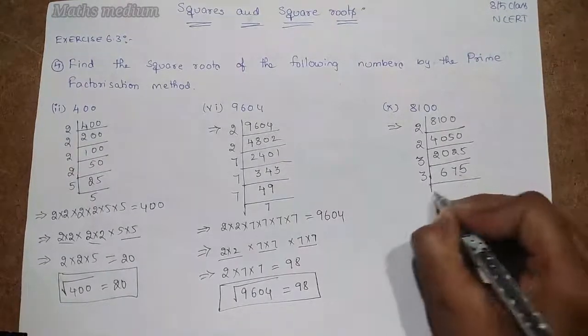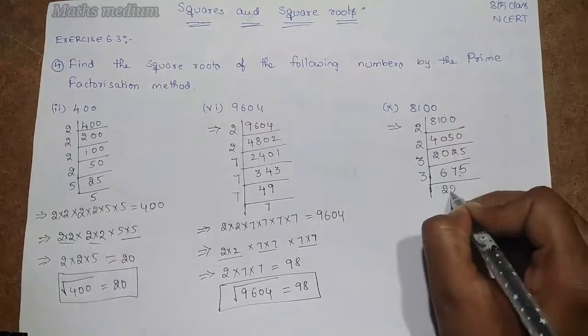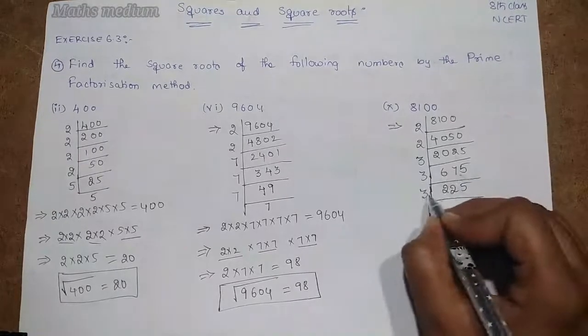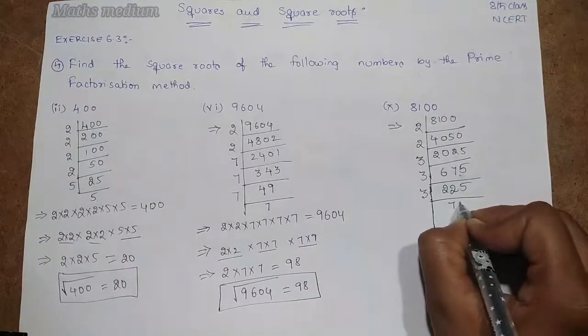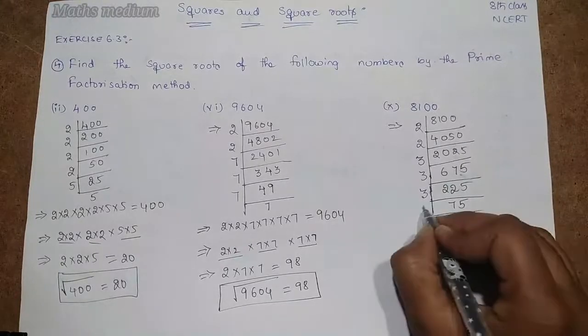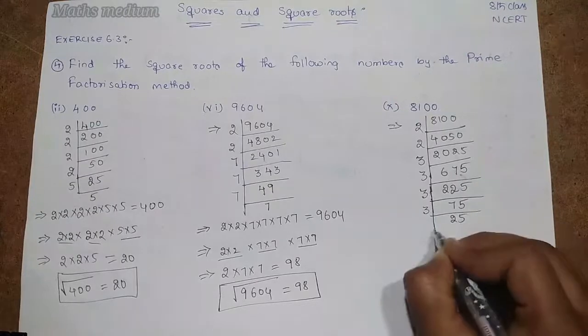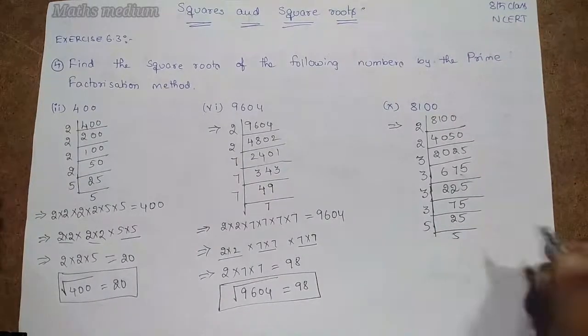Again by 3, 3 2s are 6. Again 3 2s are 6. 3 5s are 15. Next, again by 3, 3 7s are 21, 3 5s are 15. By 3 again, 3 2s are 6. 3 5s are 15. Now here 5 5s are 25.